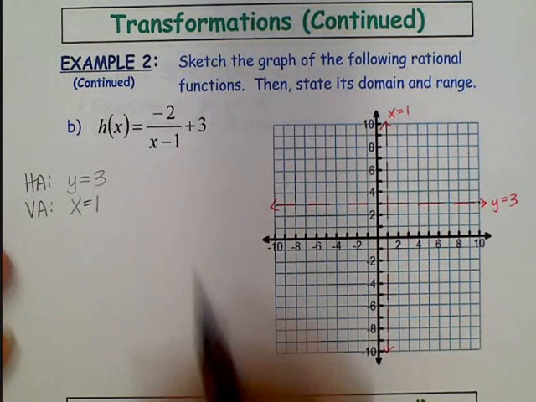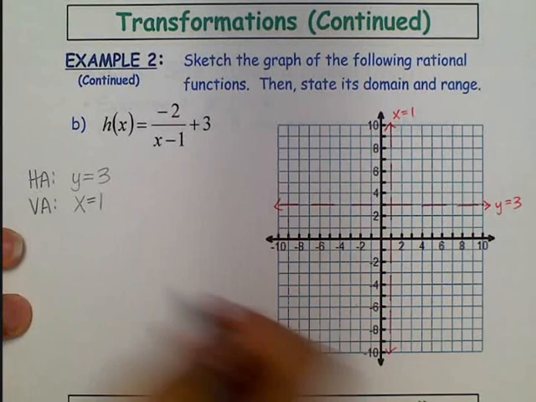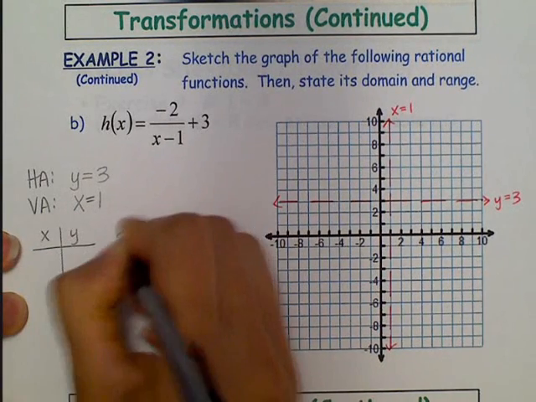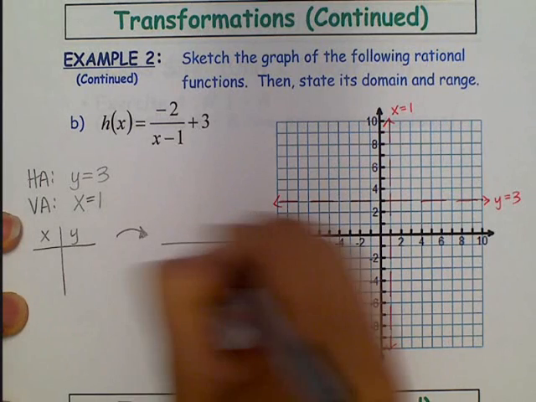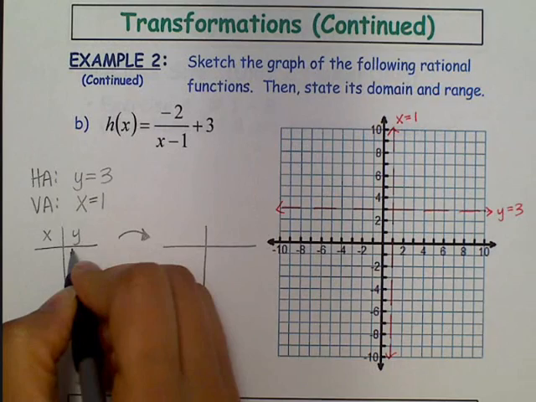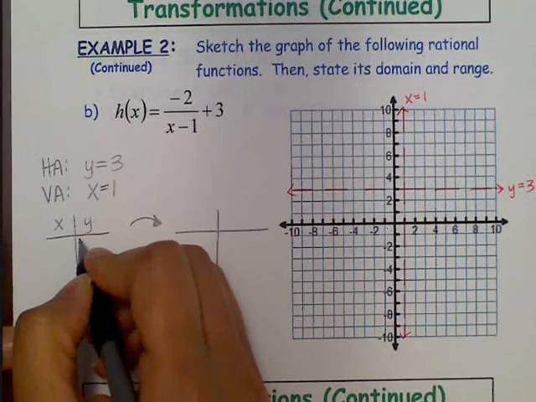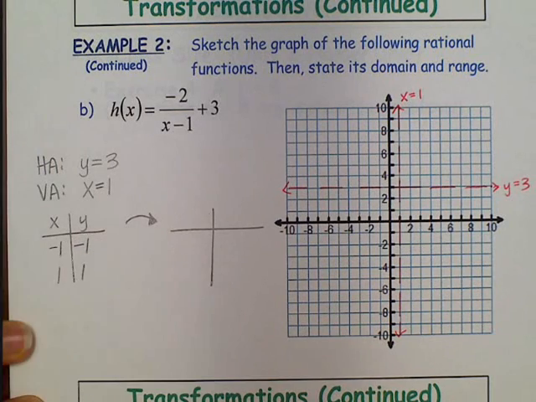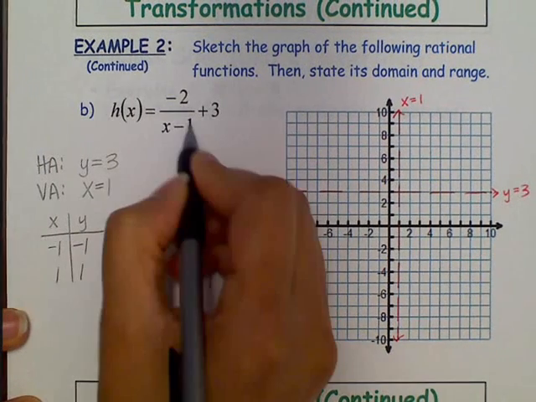Now, again, I'm going to start with my key points, apply my mapping formulas, get my new points, and then go from there. So x and y, and then I'm going to have my new set of points as well. In terms of my x values and y values, my original points are at -1 and -1, and then 1 and 1 as well.